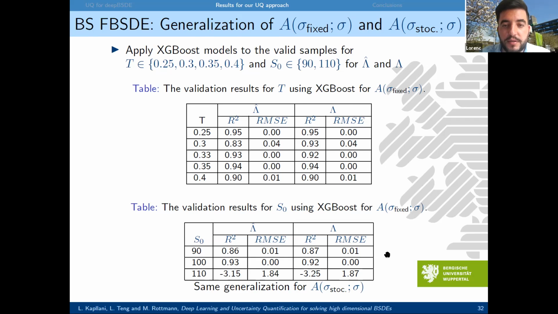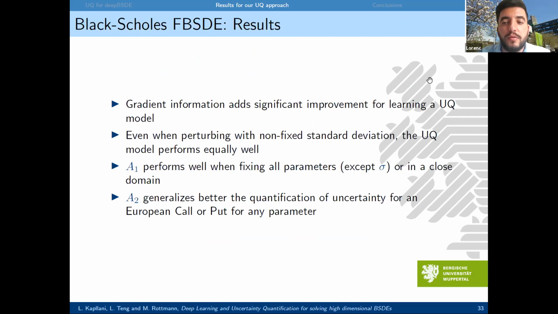So the same generalization. What we can conclude from all of this part is that this approach that we consider to quantify the uncertainty actually adds significant improvement for learning an uncertainty quantification model. Moreover, even when we do a perturbation with a non-fixed standard deviation, what I was referring to as a stochastic perturbation, the UQ model performs equally well.